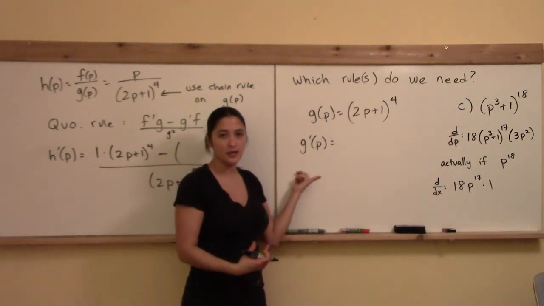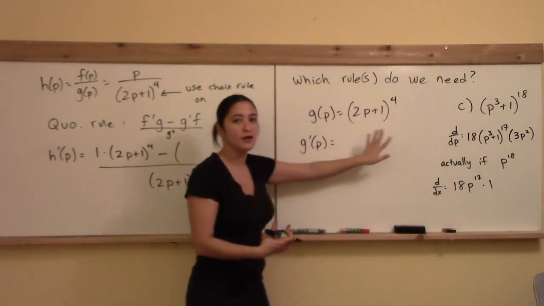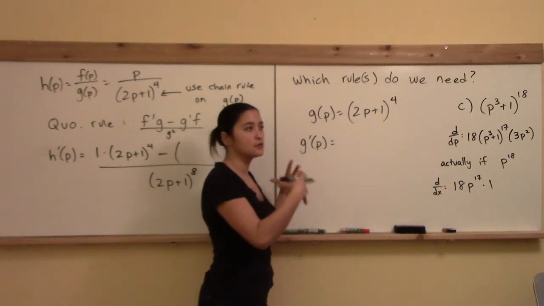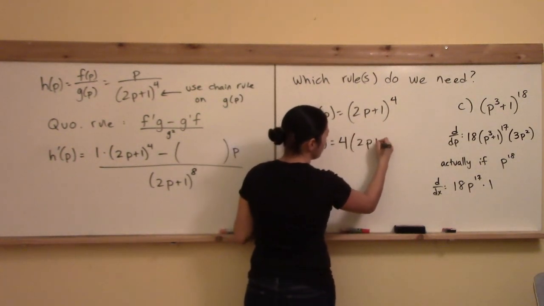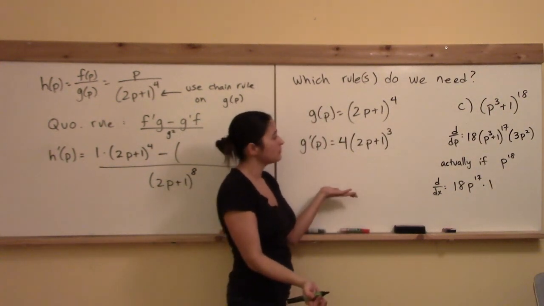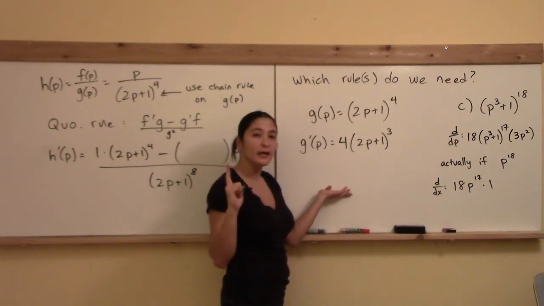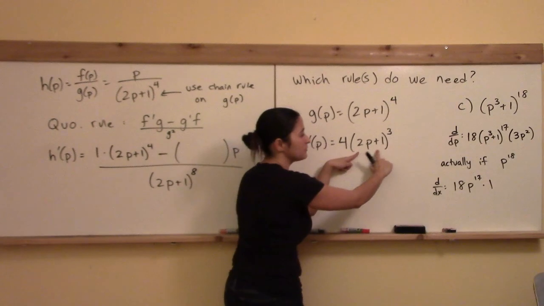Go ahead. Okay, so when I have a quantity to a power, on the outside, I have a thing to the 4th. So I put the 4 down, and I take that same thing and put it to the 3rd, right? That makes sense. That's the power rule. But don't forget to multiply it by the derivative of the inside.